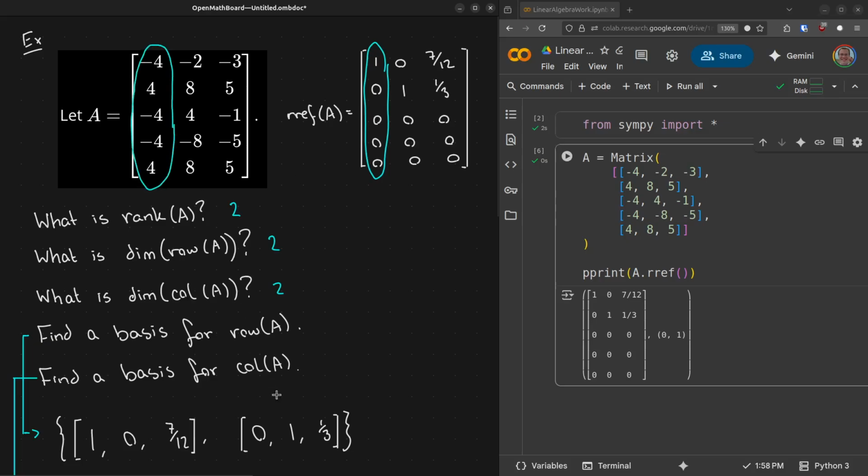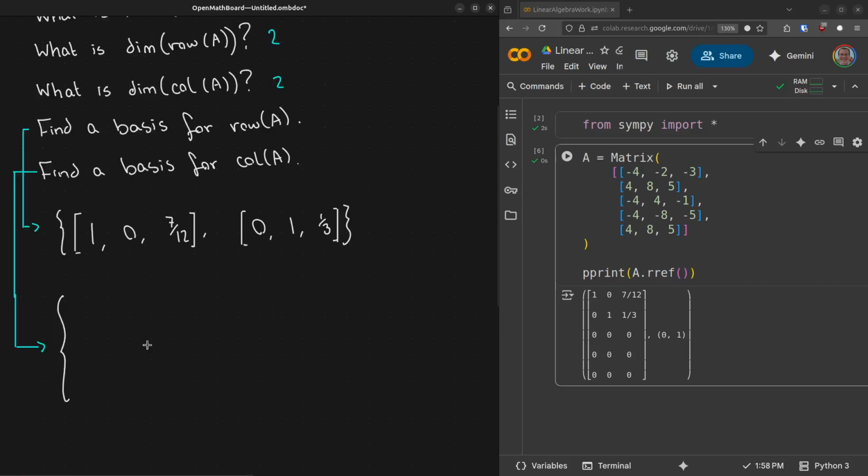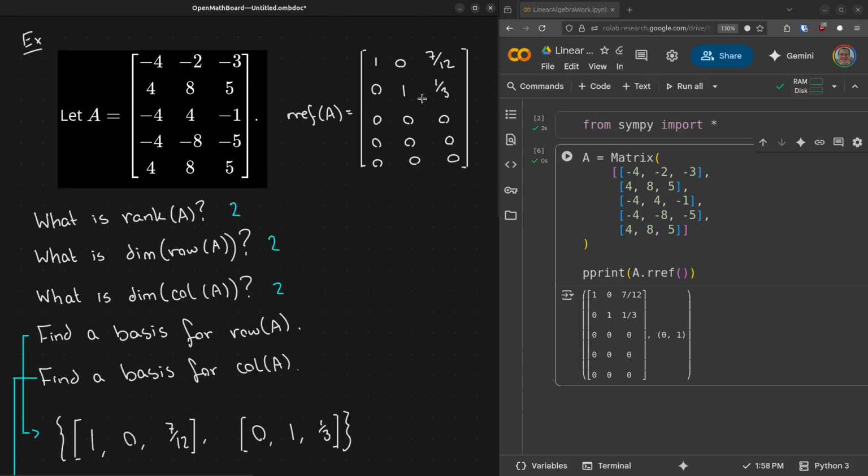So the first column of matrix A is going to be in the basis of the column space. And so that's -4, 4, -4, -4, 4. Lots of 4s.